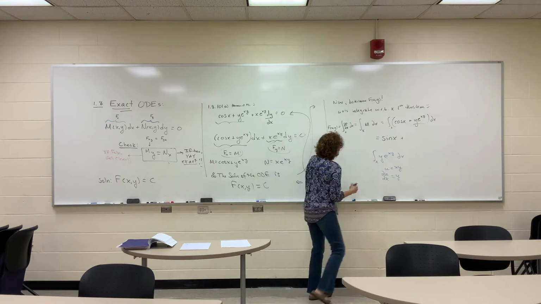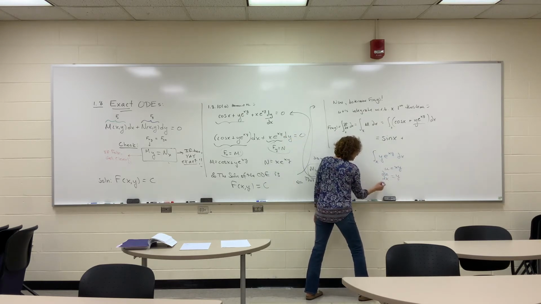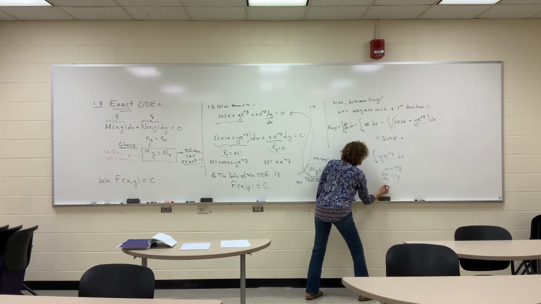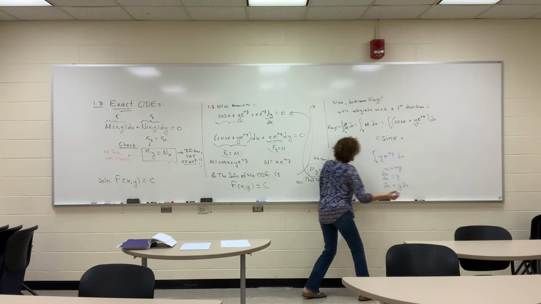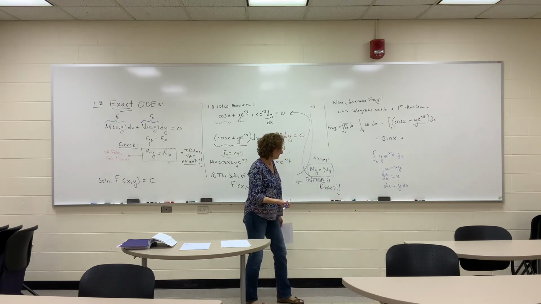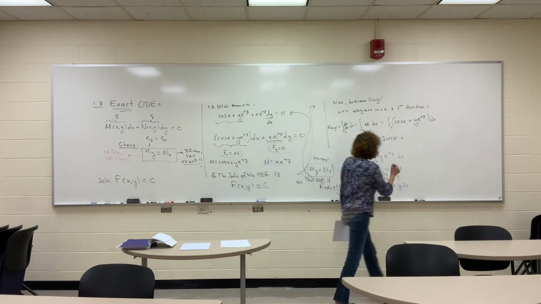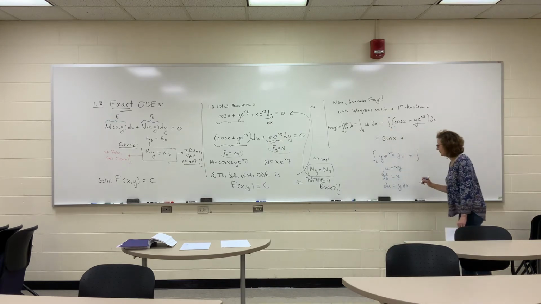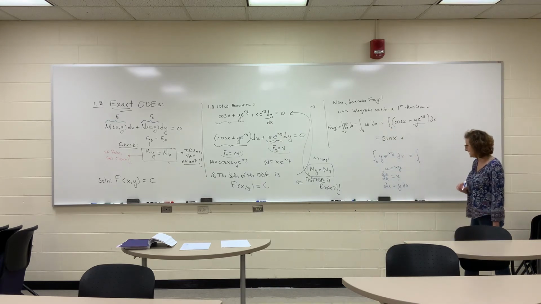So what does that mean? This is derivative notation; we can write it in differential notation. So we've got partial u is y partial x. So this is really an integral with respect to x.